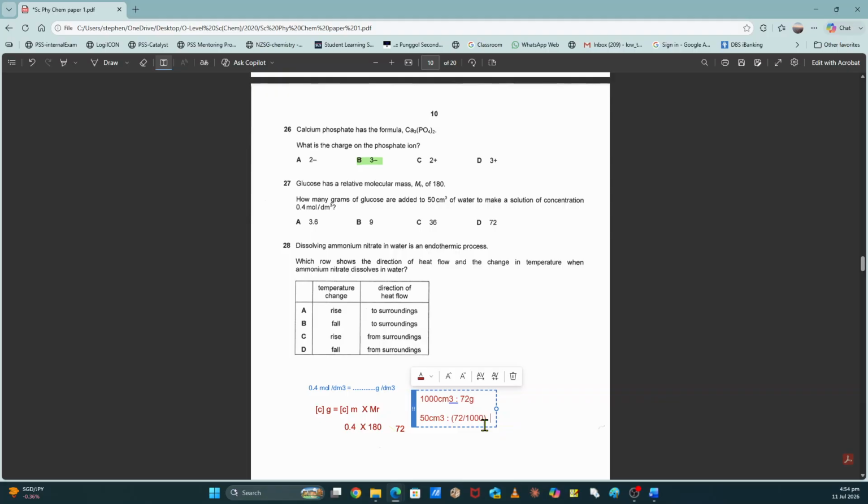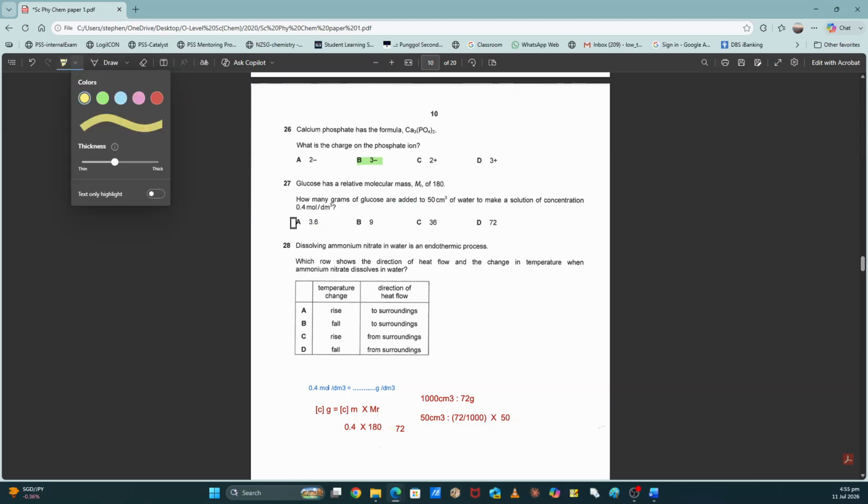Okay, so this is mathematics. You may take one or two minutes to figure it out, if you cannot get it. So yes, the answer is 3.6, not 72. So this may be a little bit tricky.